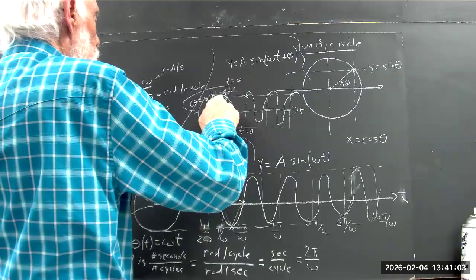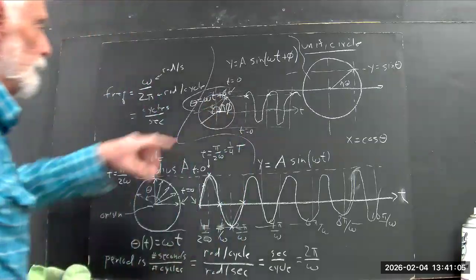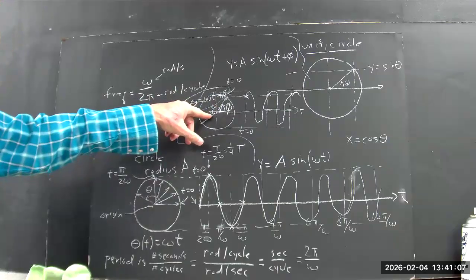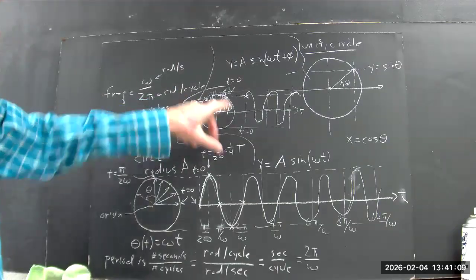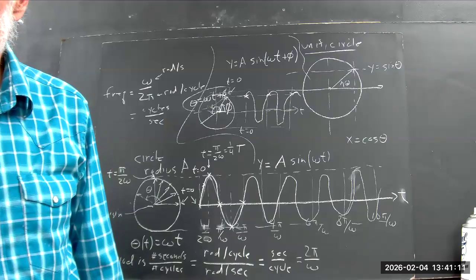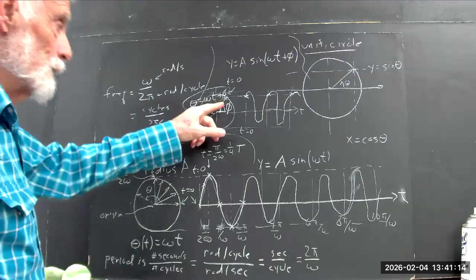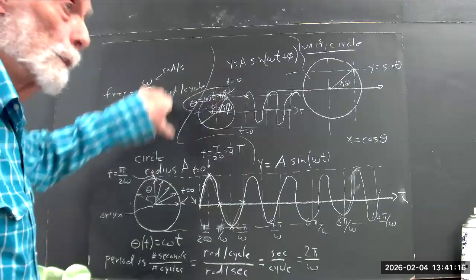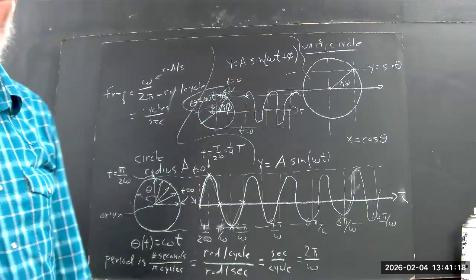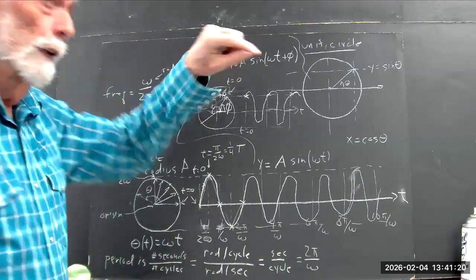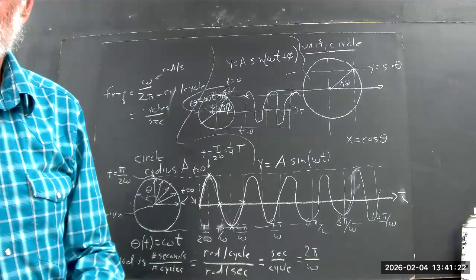I don't even know if you can read that. I'm sorry about that. This angle from here all the way around should have been a bigger picture, but it's omega t plus phi. You start at phi at the beginning, and now you start moving with omega t. Or maybe this just happens to be where you started observing the thing.